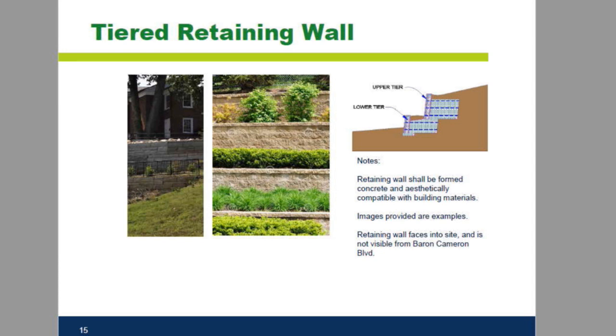And we think that that's really going to help soften the walls. And the one thing that I would reiterate is that from Barron Cameron, you're not looking at the wall, it's on our side, if you will. So we hope that that will maintain the appropriate visual appearance from Barron Cameron.